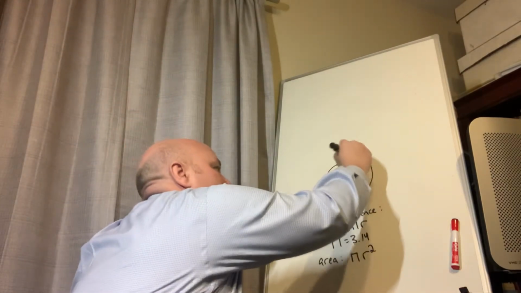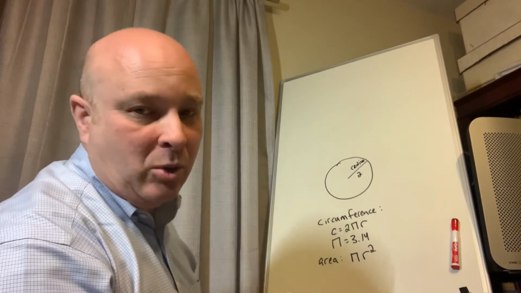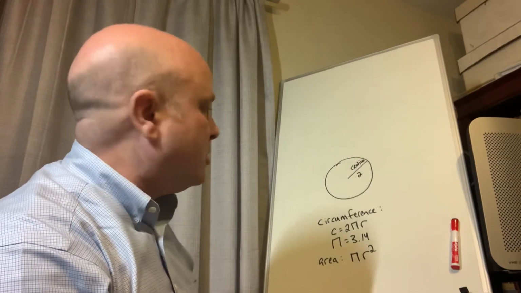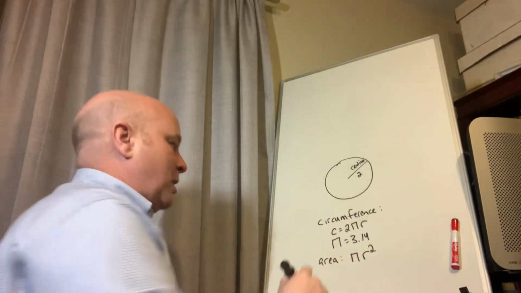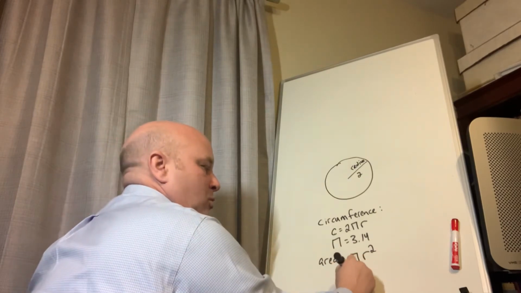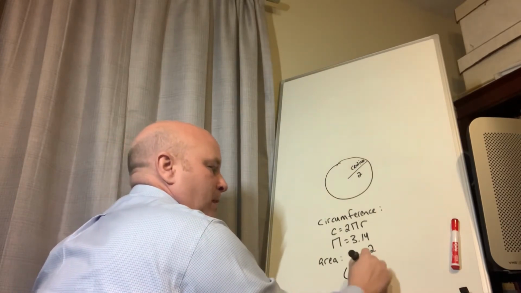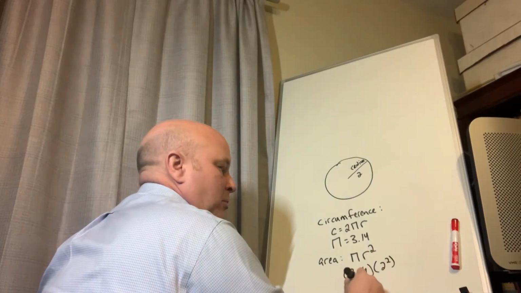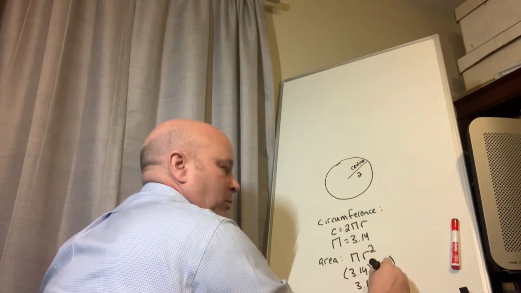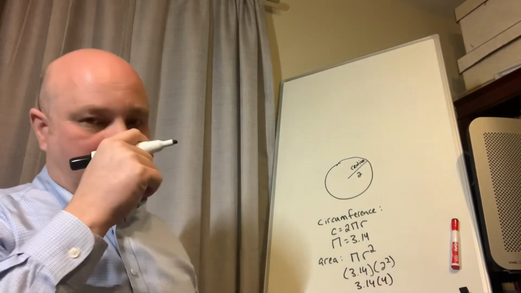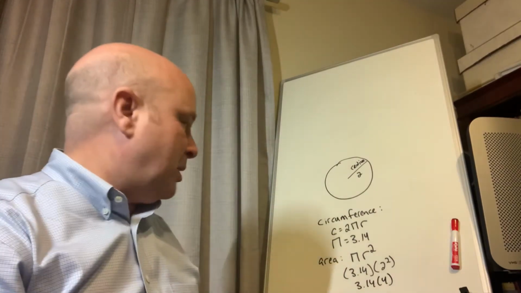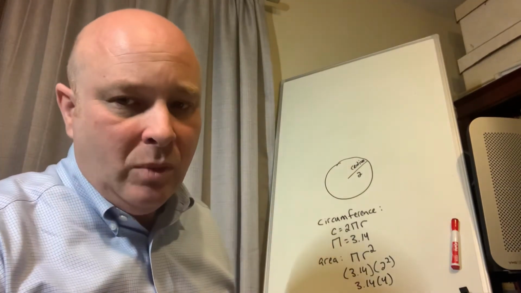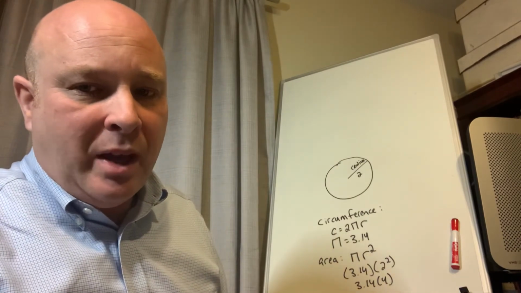I have to do easy numbers, so I'm not spending a whole lot of time plugging things into calculators here. If my radius is 2, my area is pi, 3.14, times 2 squared, or 3.14 times 4. I plug that in, and I'm going to get a number just a little bit bigger than 12, right? All right, so that's how we calculate my area.